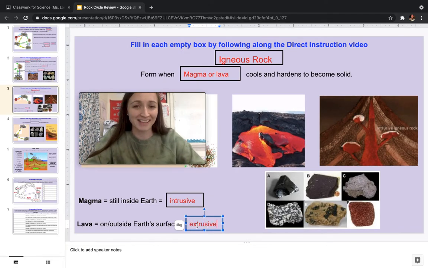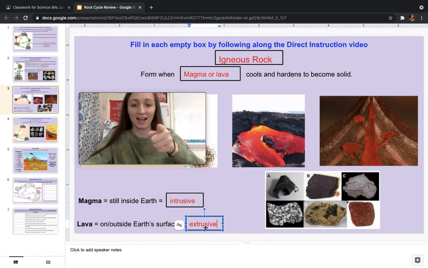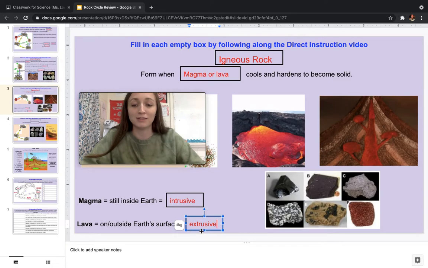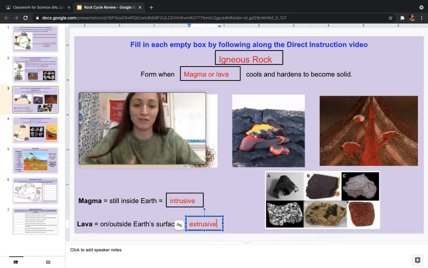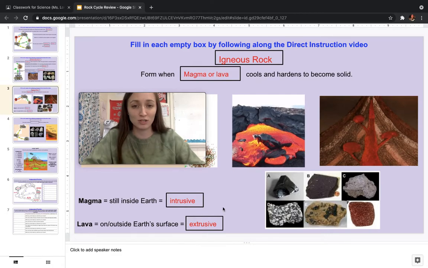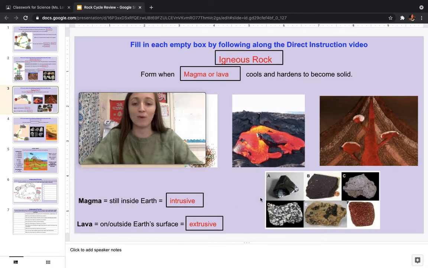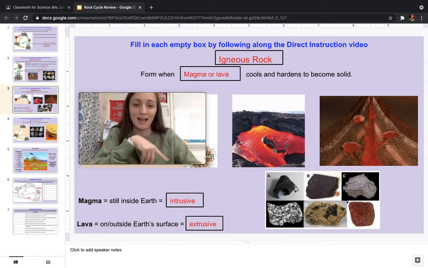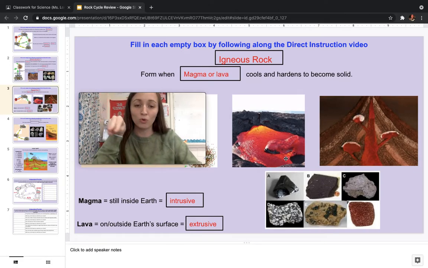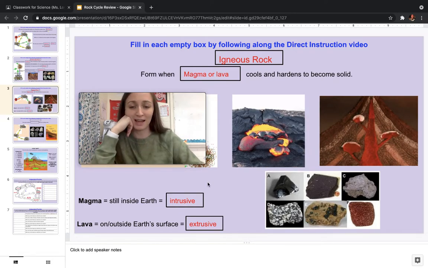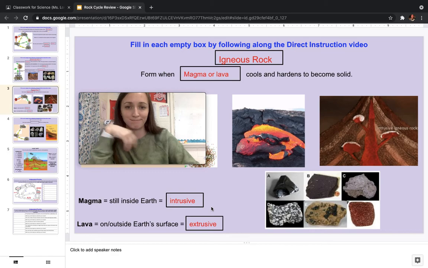Think of like the exit means you're going outside, or exterior of something is the outside. So that can help you remember extrusive is the outside. Think exit. So if you hear of an extrusive igneous rock, that is a rock formed out of lava, meaning the volcano erupted just like this, and then the lava cools down and hardens to form that igneous rock. So intrusive inside, extrusive outside.